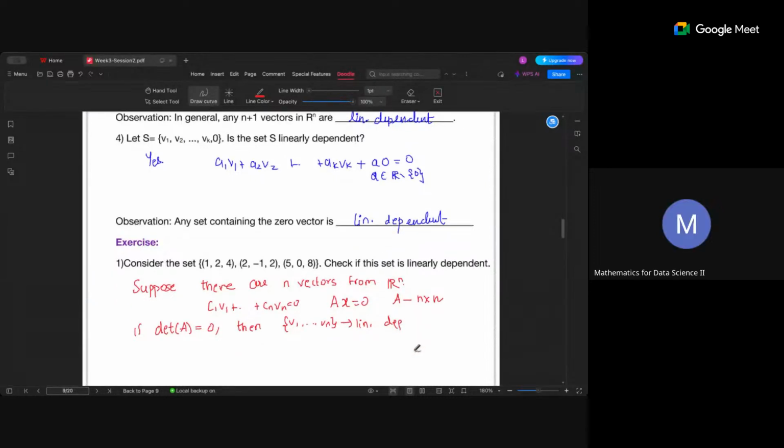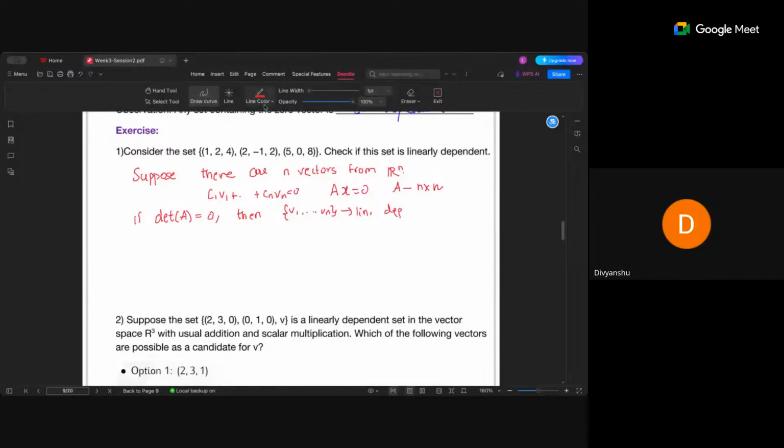So now quickly tell me whether this is linearly dependent or not. How will you check? Calculate the determinant of the matrix. Yes, find the determinant of the matrix.